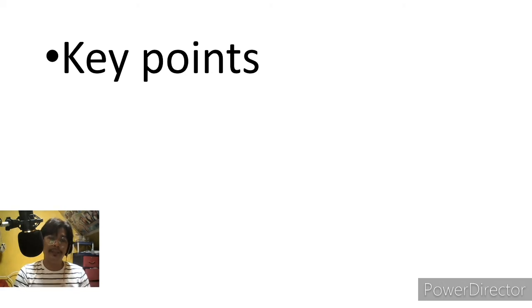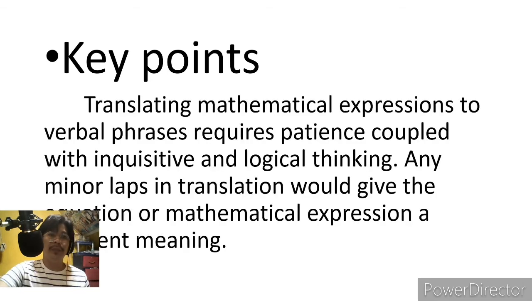To translate a verbal phrase into a mathematical expression, what you need to do is understand carefully and analyze the words needed to convert such a statement into a mathematical phrase. Remember that translating a mathematical expression to a verbal phrase requires patience, coupled with inquisitive and logical thinking.